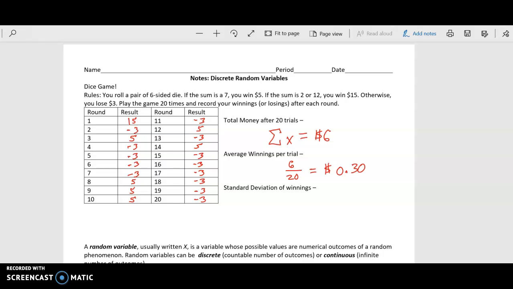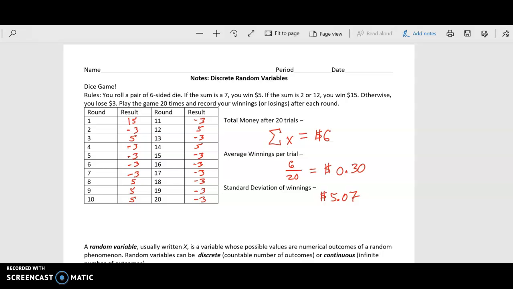The standard deviation of winnings is 5.07. Remember, if we enter these in as a table in Desmos, it will tell you what that standard deviation is. And if we ever come back to the classroom, I'll show you how to use a TI calculator to find that standard deviation.